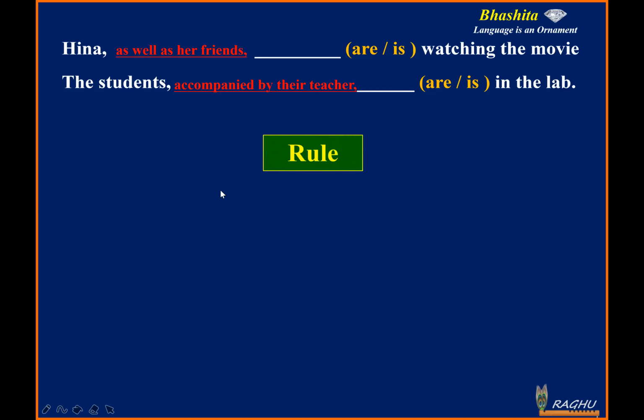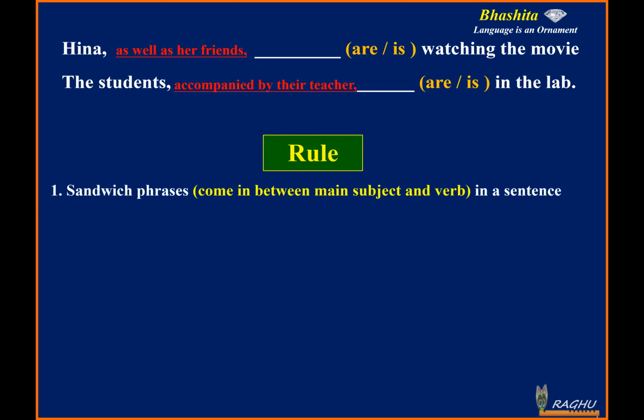According to this rule, we need to understand some important points. Let us discuss some important points related to this rule. Point number one. In English, we have sandwich phrases. Generally, they come in between the main subject and the verb in a sentence. You know how a sandwich looks.